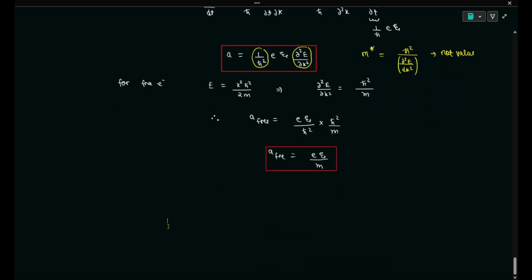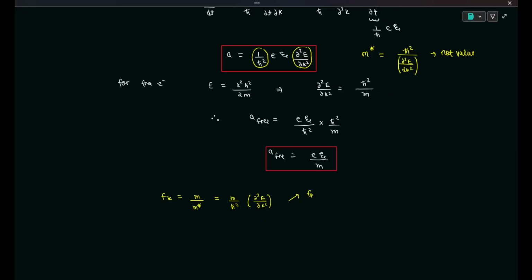Now it is generally very convenient to introduce a factor fk, which is a measure of these two masses, and this quantity is equal to m divided by ħ² d²E by dk². This quantity fk is a measure of the extent up to which the electron in the k state behaves as a free electron.